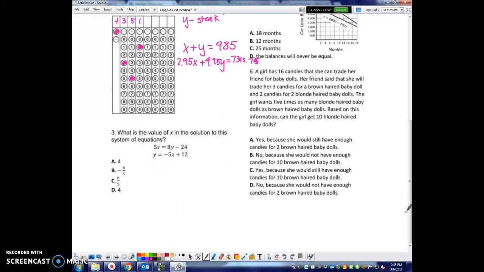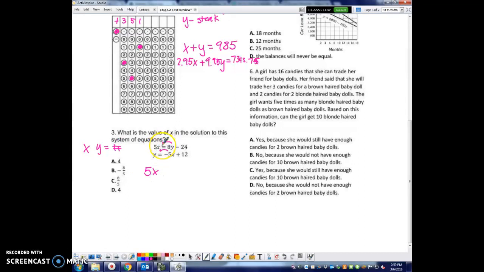What is the value of x in the solution to the system of equations? Okay, so you can pick a couple of different ways. You can move this over and then move this over and use matrix, or you can substitute. I'm going to go ahead and do matrix. So remember, it has to be x, y equals number. Okay, so we have 5x.